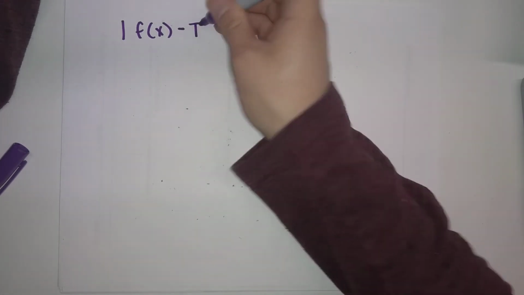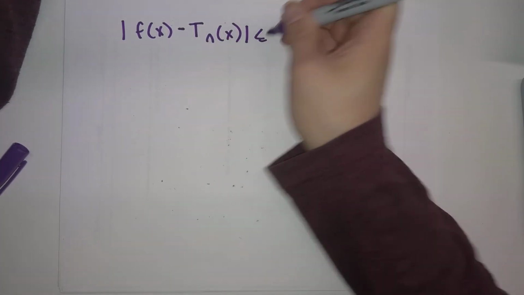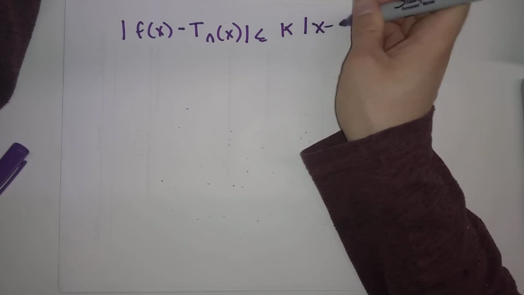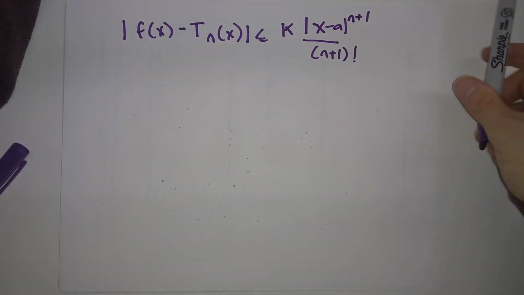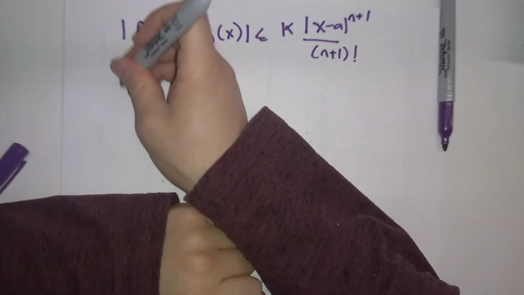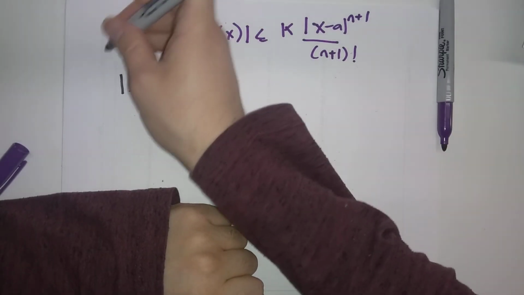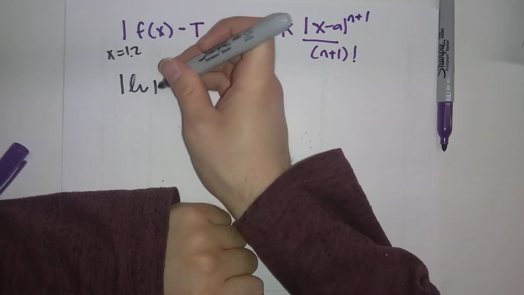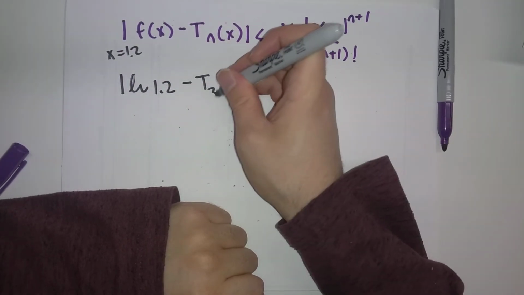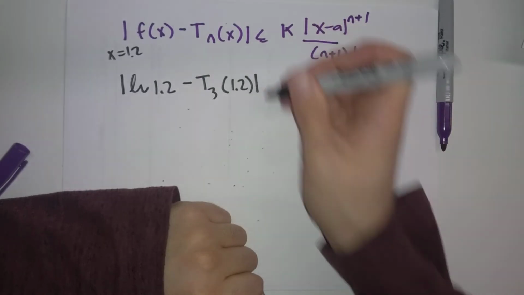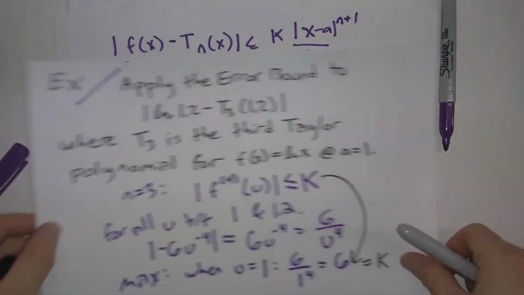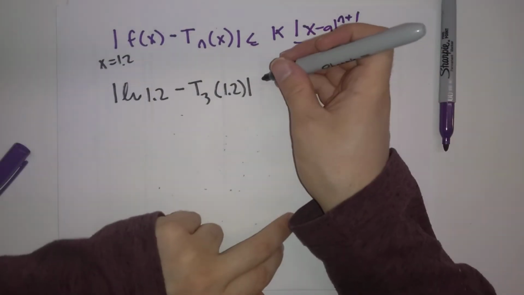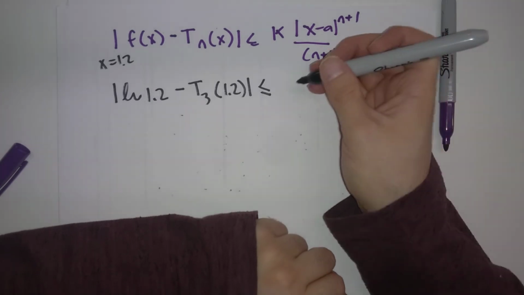The absolute value of f of x, I'm just going to recopy this, and then we will plop in things as appropriate. So here x is 1.2: natural log of 1.2 minus t sub 3 of 1.2. This is what we are aiming for in the first place. So this is less than or equal to k.